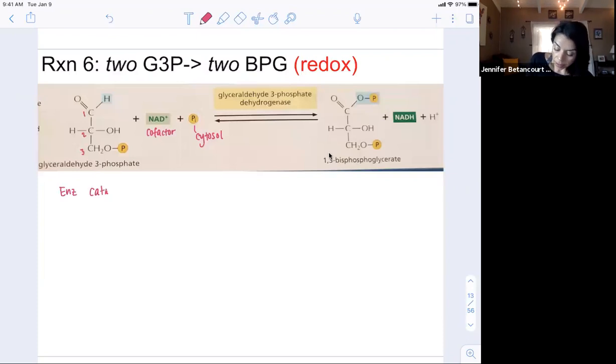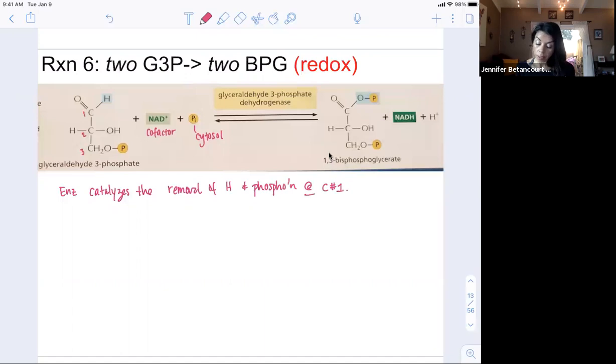The enzyme catalyzes, in essence, if you're removing a hydrogen, you're essentially oxidizing it, but you can just say the removal of a hydrogen and phosphorylation, now we can say at carbon number 1, to make the product, whatever the product's name is, bisphosphoglycerate, or 1,3-bisphosphoglycerate is correct too.